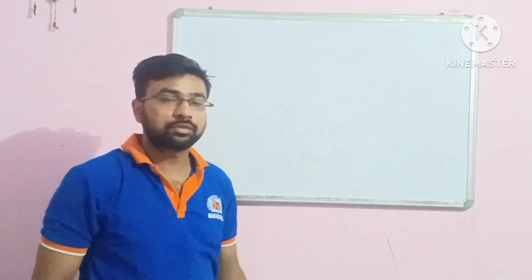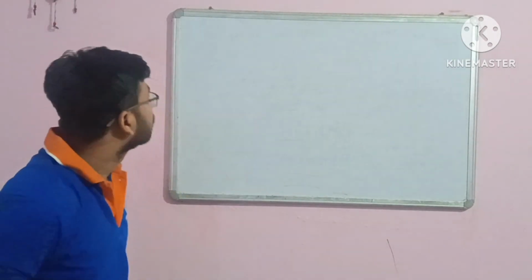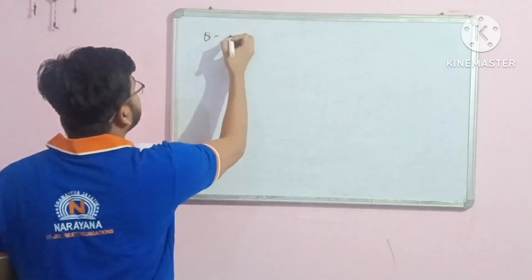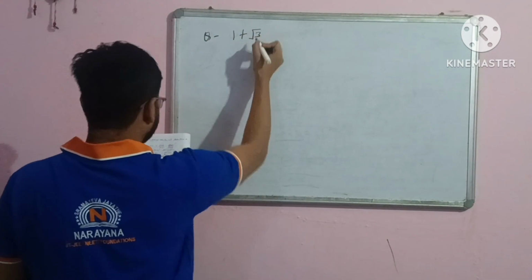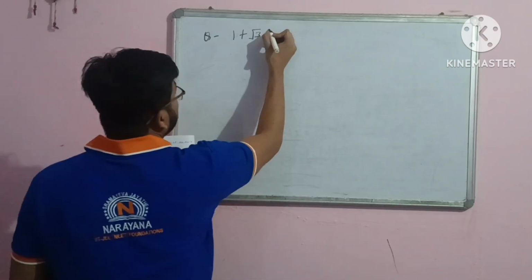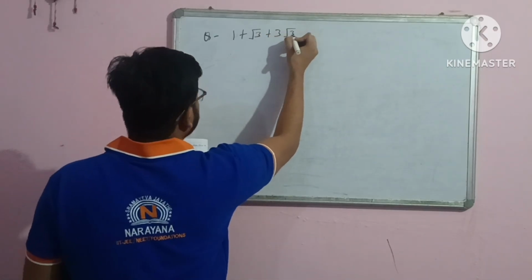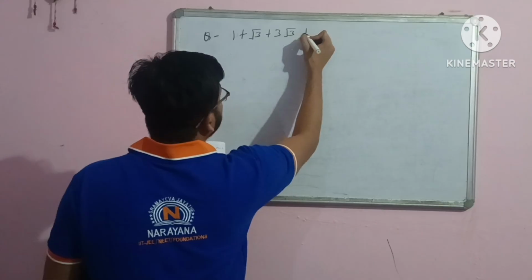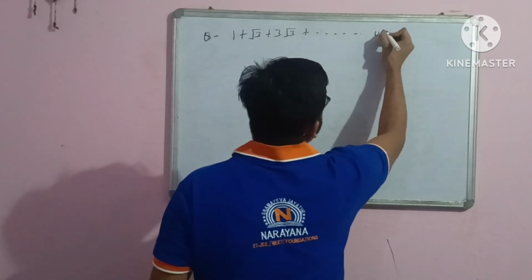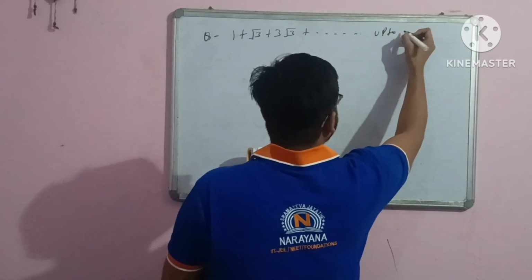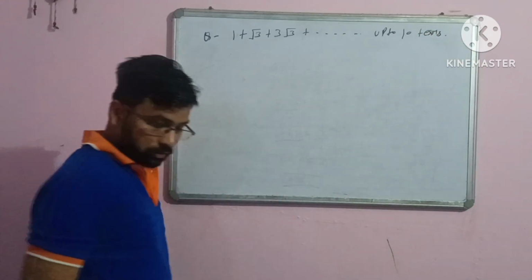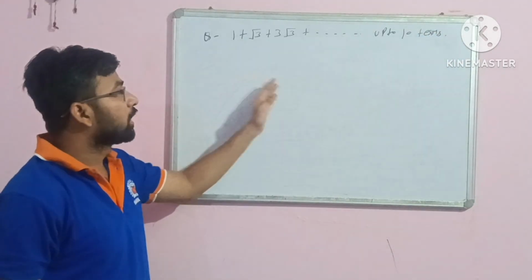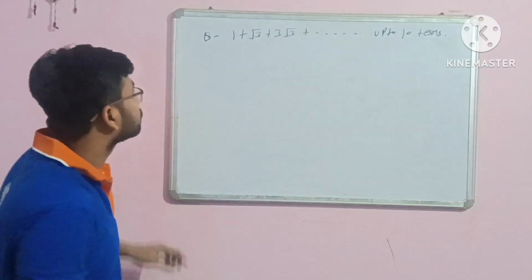Now we will solve the next question. We have to calculate the sum of the terms 1, root 3, 3, 3 root 3 and so on up to 10 terms. So here we have to calculate the sum of n terms of this GP.